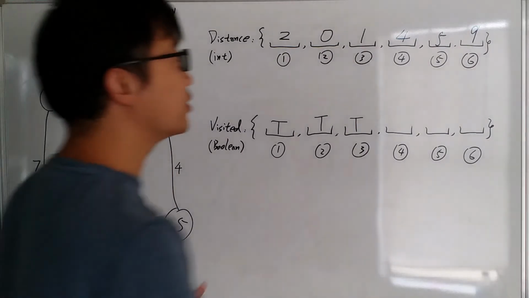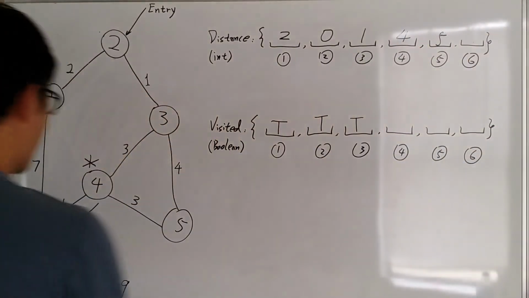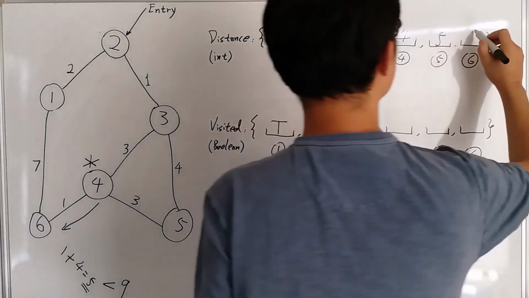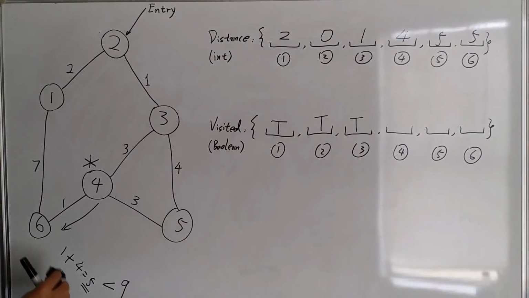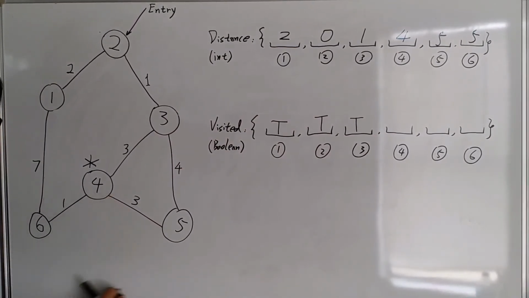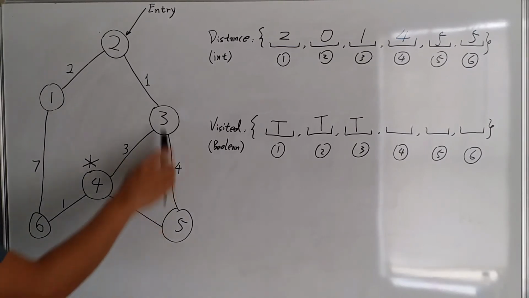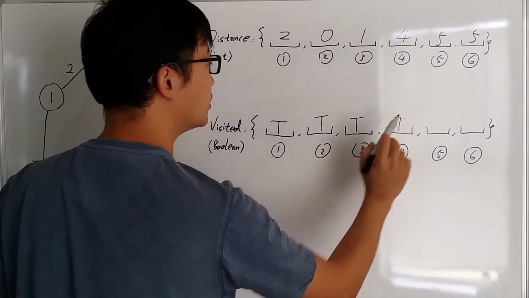We're going to remove 9. We put the 5 here. Okay, so the 6 is done. So at this moment, all the 3 neighbors were checked for 4, so we have to mark 4 as visited before. Okay.